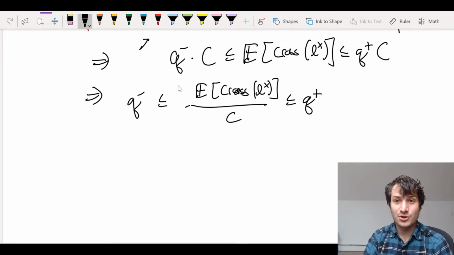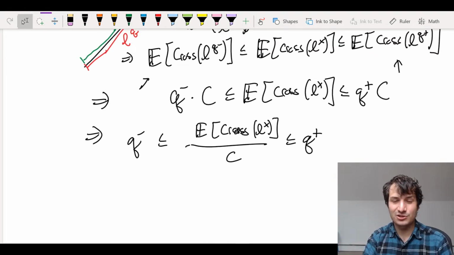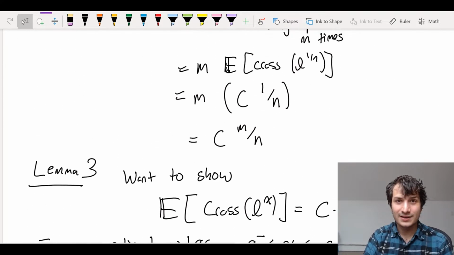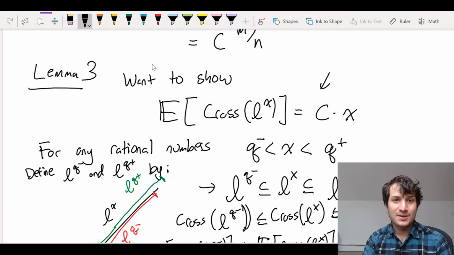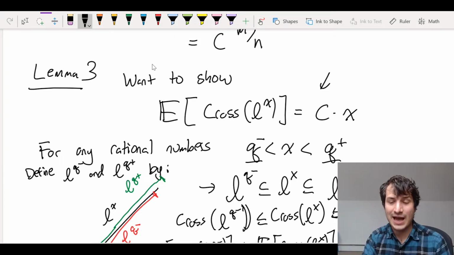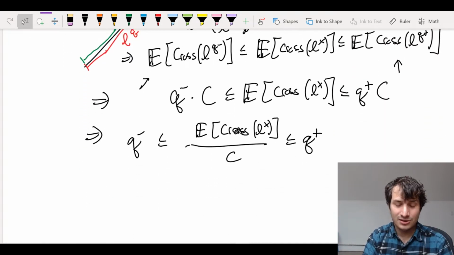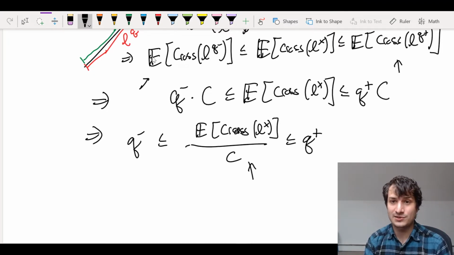Okay, so what have I shown so far? I've used this clever coupling trick. I've used lemma 2, and I've shown that you have some number x, which is the length you're looking for. You're given x, and I've shown that no matter what Q minus and Q plus are, if they're rational numbers that sandwich x, then the expected number of crossings of LX divided by C is sandwiched between Q minus and Q plus.